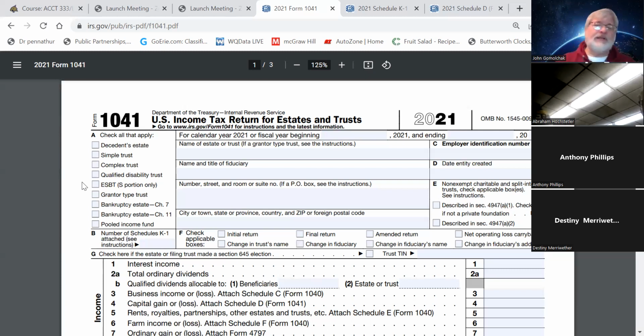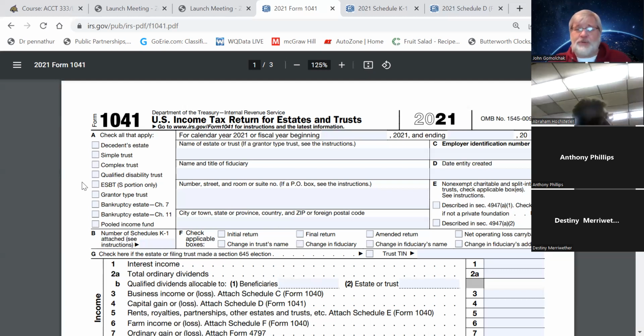All right. So we're not going to worry about a grantor type trust because for our tax purposes, it doesn't really apply. So we're going to be dealing with 3 entities then, either a decedent's estate, a simple trust, or a complex trust. It makes a difference in a couple of places.